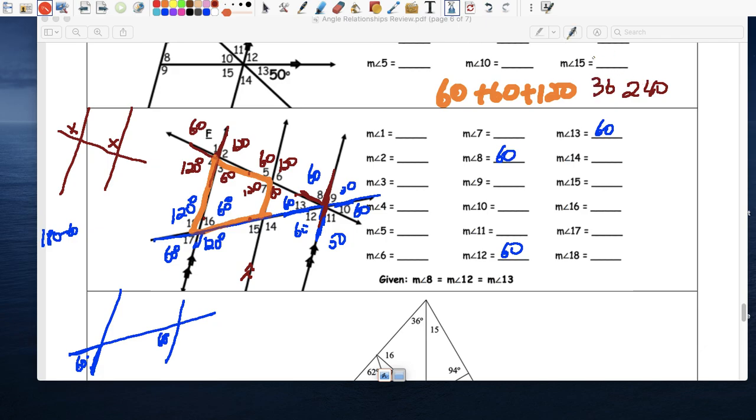So let's subtract that from 360. 360 minus 240 gives me 120. So this guy here is 120. And if that's 120, 14 is 120, which makes 16 60.